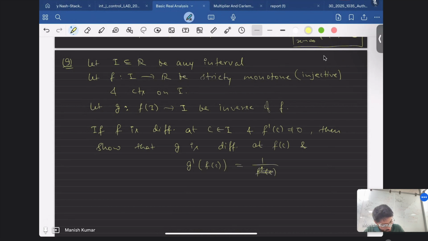Okay, in short, if you want to remember, it's like this: derivative of inverse is inverse of derivative, but the first inverse is the inverse map, and the second inverse means 1 by f prime. Okay.